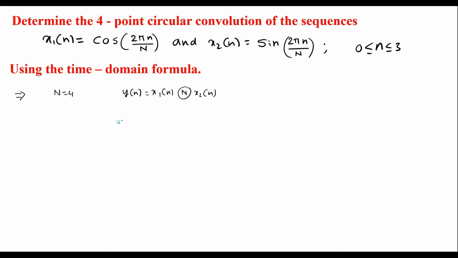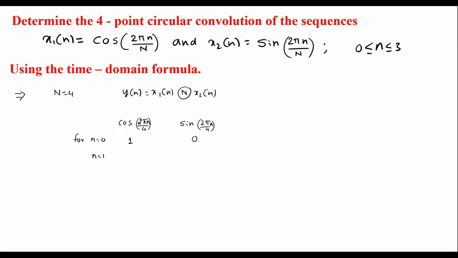That is, let this be cos 2 pi n by 4, sin 2 pi n by 4. Now for n equal to 0, cos 0 is 1, sin 0 is 0.